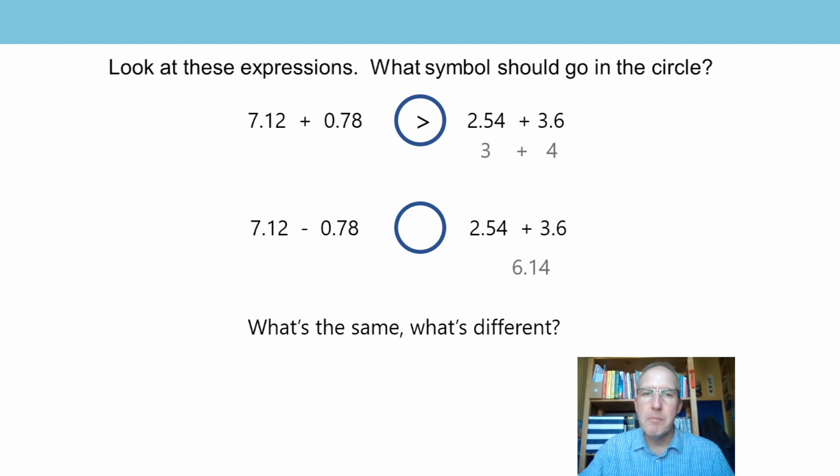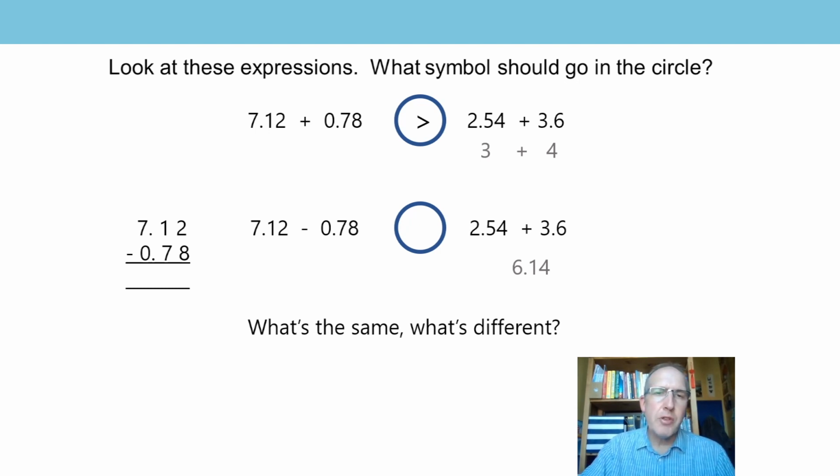If you've got 6.14, well done. Now, yes, we could do 7.12 subtract 0.78 mentally. I'm sure some of you will have mental strategies for that. We'll have a look at the column subtraction as well, because we can do that. So 7.12 subtract 0.78.